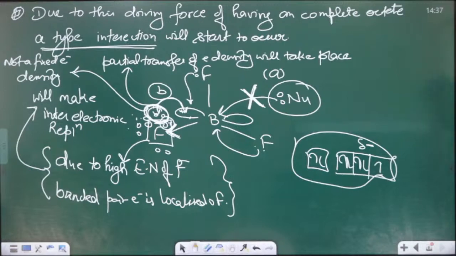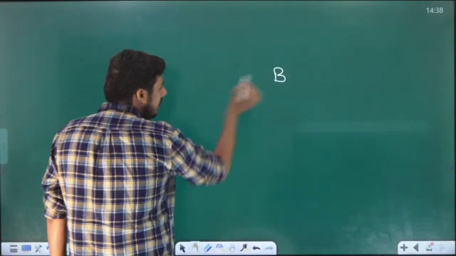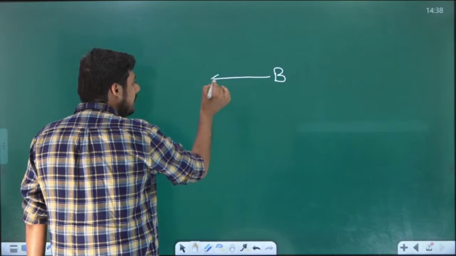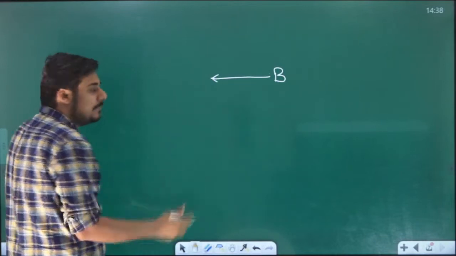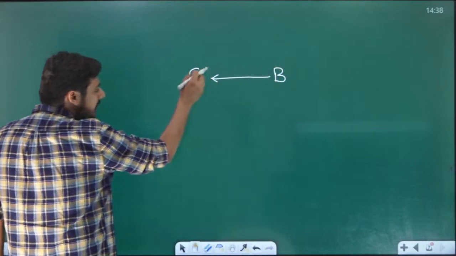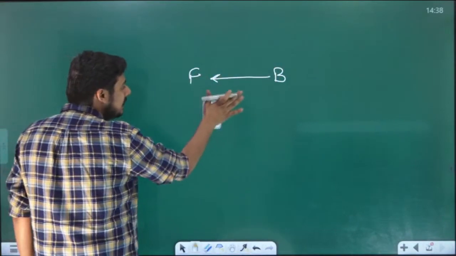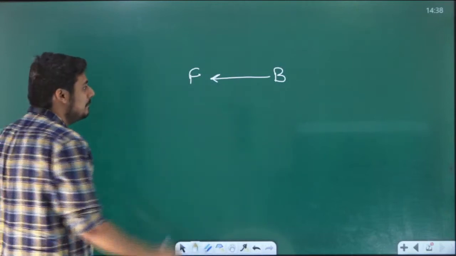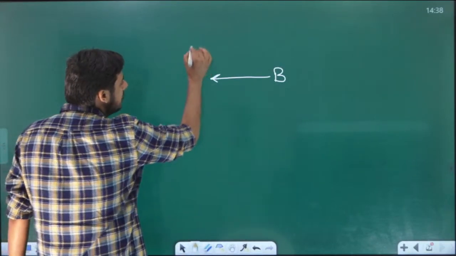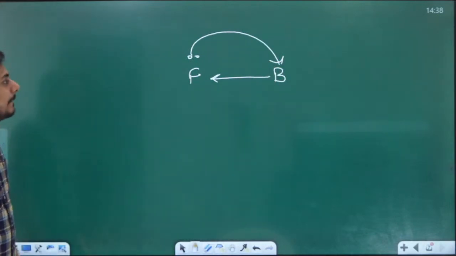Okay. Such type of bond. Have a look at this bond. I can also explain this fact in this manner, that boron, from the sigma bond, is transferring electron density to fluorine, and fluorine is transferring back this electron density to boron through its lone pair.